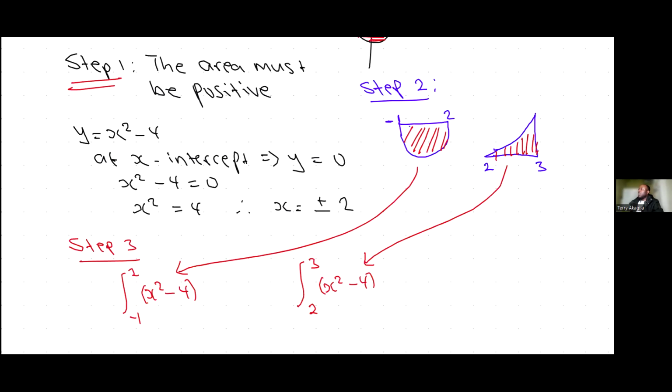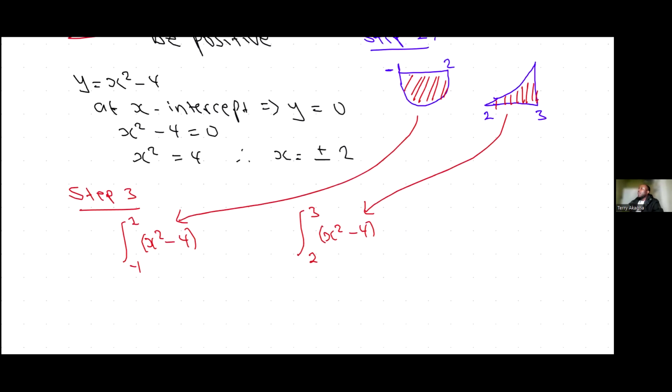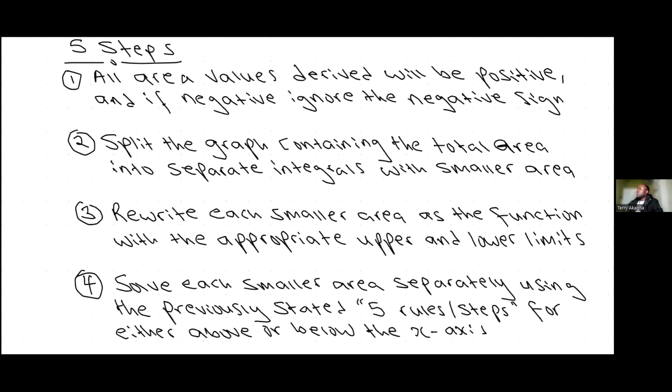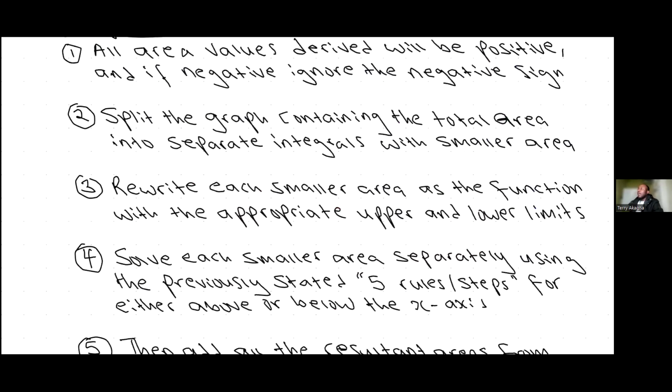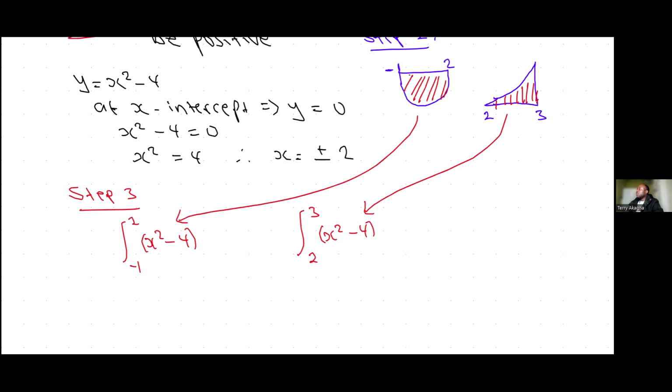All right, so what is step 4 then? Step 4 said that we have to solve each smaller area separately, using any of the 5 steps we've learned for above or below. All right, so let's go back. Let's solve each of the areas separately. So step 4.